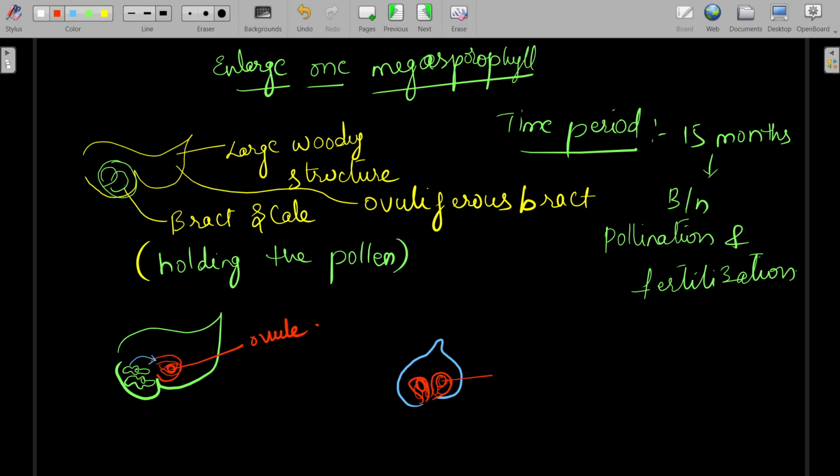So here you can see unitegmic ovules, and these are orthotropous, unitegmic, meaning it has only one integument. This ovule has a single egg, which is the female gamete.